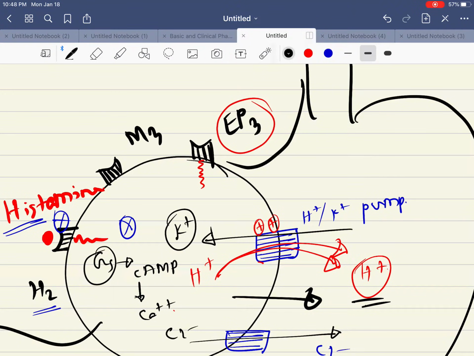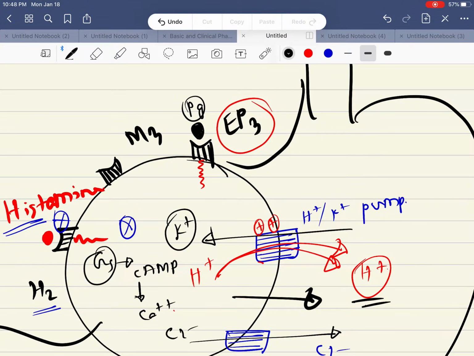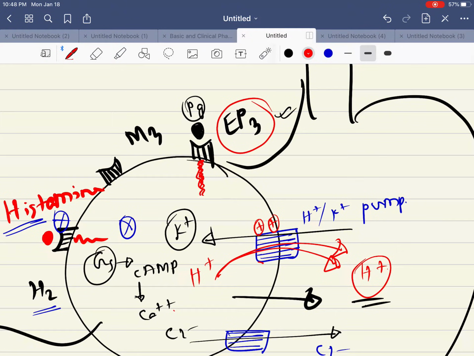When prostaglandin binds with these EP3 receptors, the intracellular signaling of the EP3 receptors will be activated, and they will suppress or inhibit the proton pump.